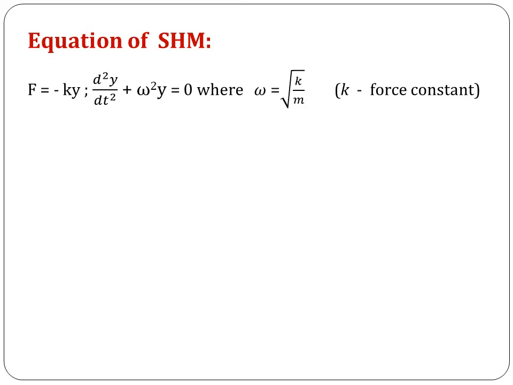If F is the force which is applied to a body in order for it to undergo a simple harmonic motion, and thereby let's say that the object undergoes a displacement y, then the acceleration undergone by that object is given by d squared y by dt squared, which is equal to the negative of omega squared times the displacement.